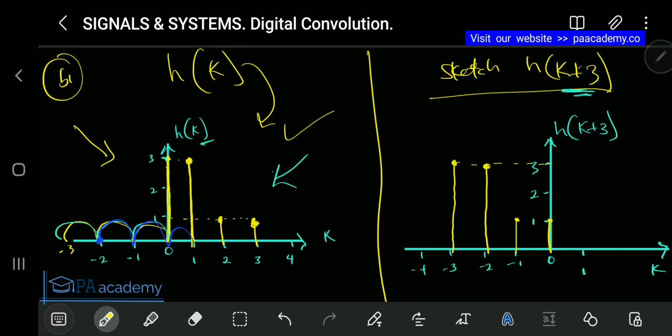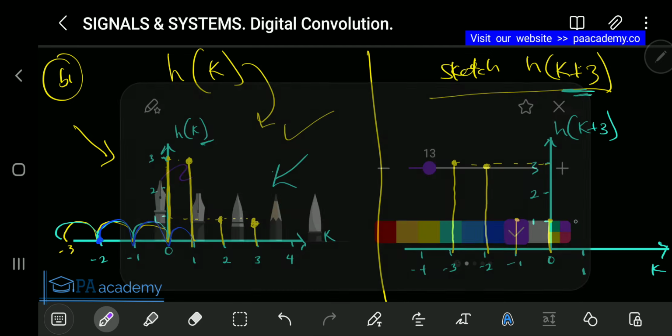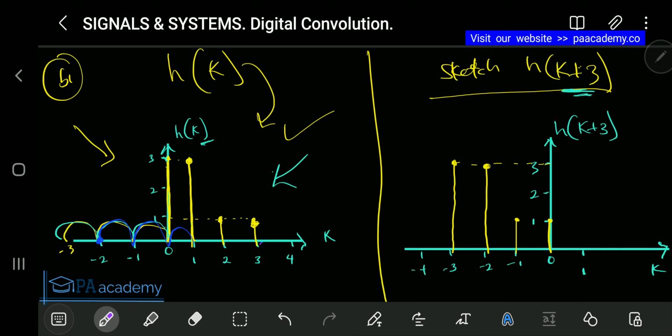Exactly. Let me just use this now. For example, if I shift this one that is on 3, 3 times, it's going to be 1, 2, 3. You can see it's coming on 0, and that is what we have here. Okay, so you can see it. Basically that's just it.